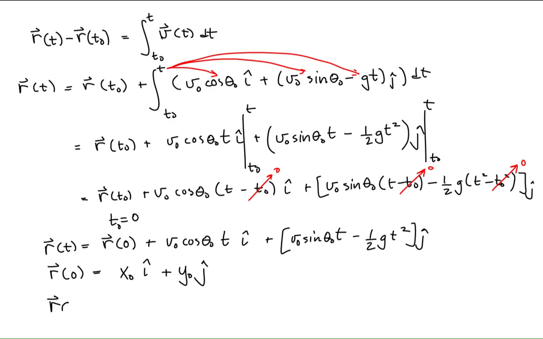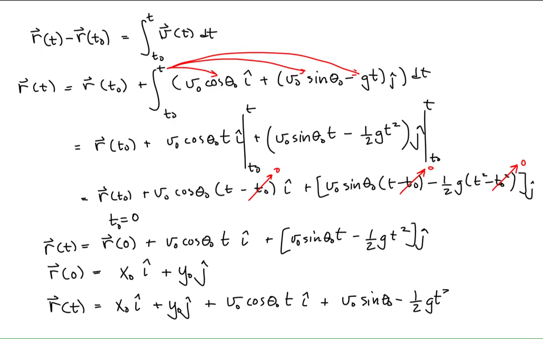This means that our position as a function of time is equal to x naught i hat plus y naught j hat plus v naught cosine theta naught t i hat plus v naught sine theta naught t minus 1/2 gt squared for the y component.